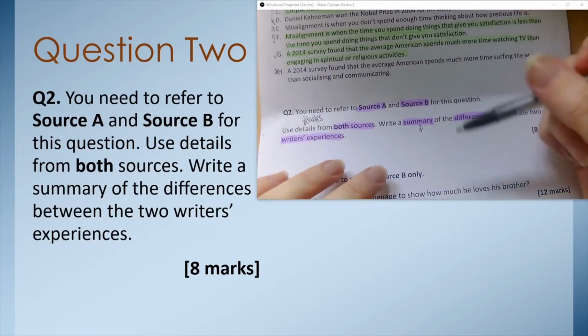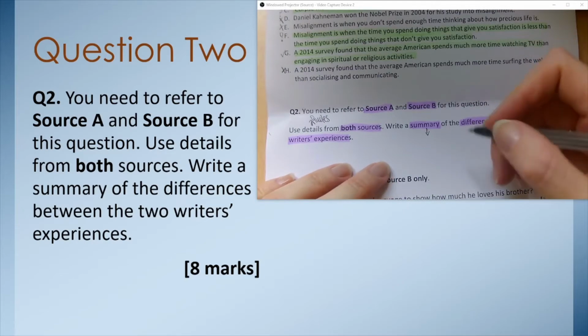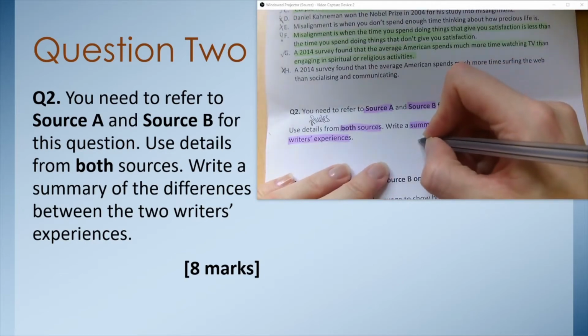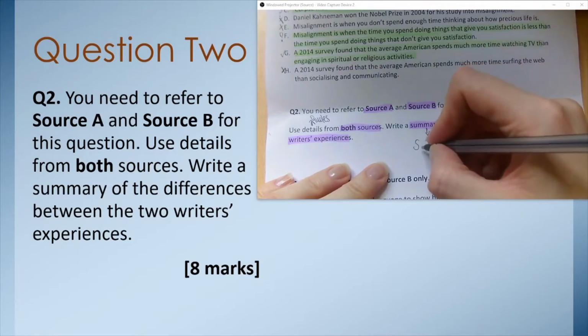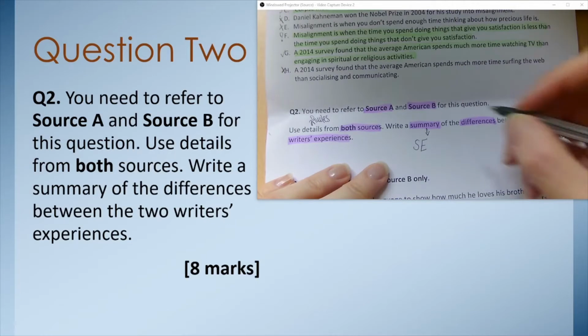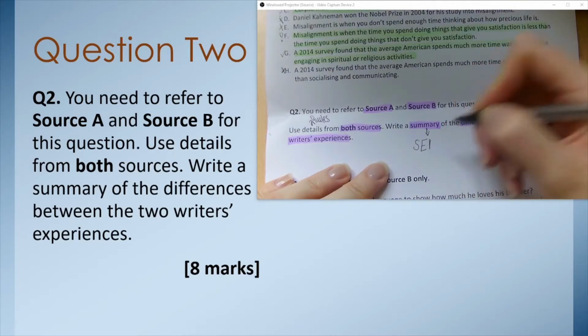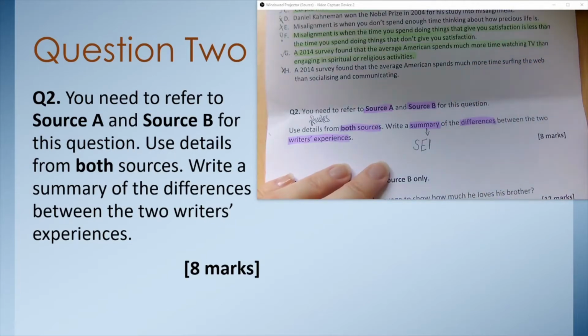So one of the strategies that we've had a look at using, and I'm going to use this as well, is that in your response you want to give a statement or a point. You want to pick out some evidence. You then need to make an inference about it, and then you're going to link it in terms of differences for this question to the other source.